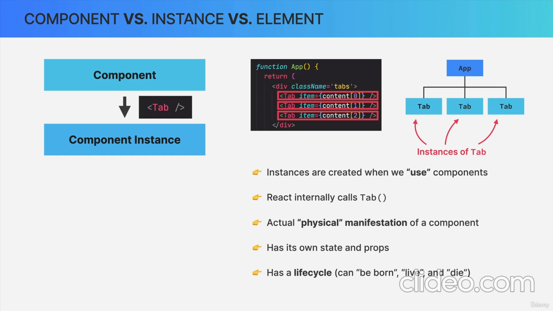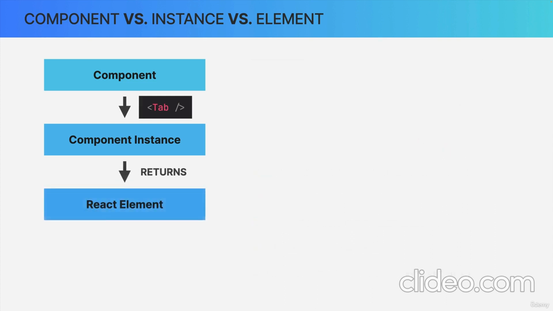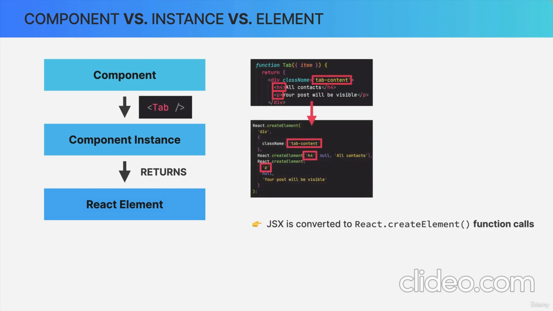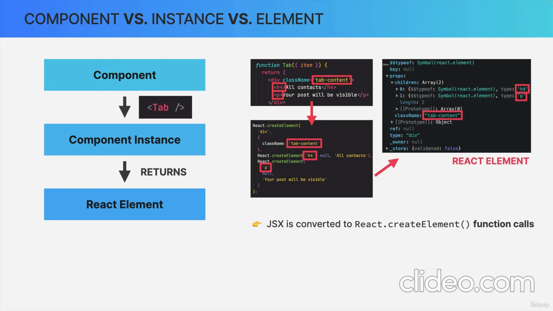But anyway, as React executes the code in each of these instances, each of them will return one or more React elements. So, as we learned when we first talked about JSX, behind the scenes, JSX will actually get converted to multiple React.createElement function calls. Then, as React calls these createElement functions, the result will be a React element. So, a React element is basically the result of using a component in our code.